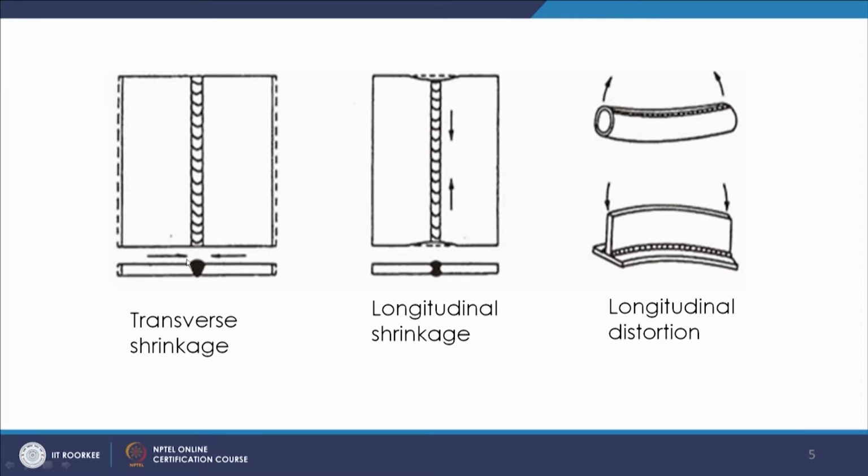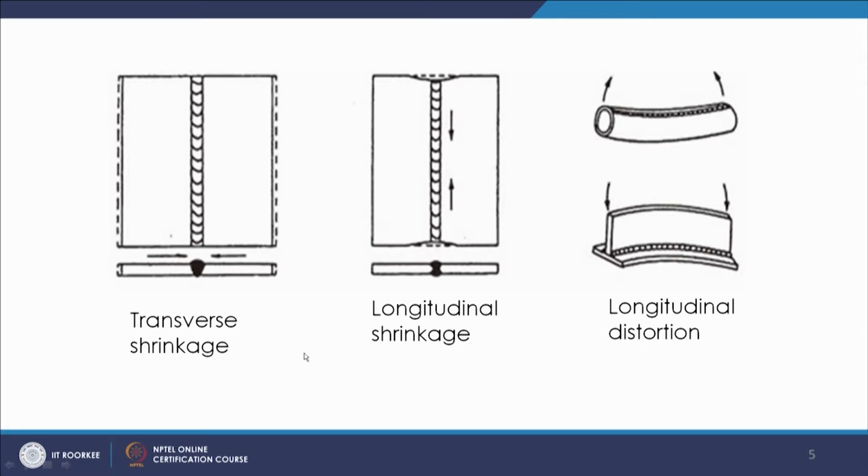The actual size should have been here, the dotted line, but after the shrinkage the line appears like this one, which is the bold line. This is the example of the transverse shrinkage.